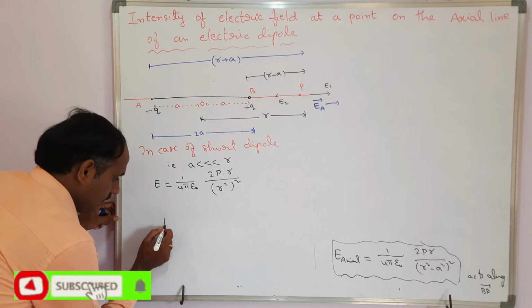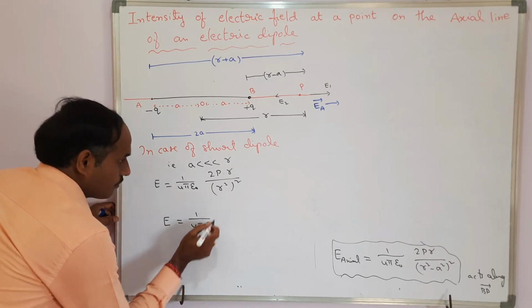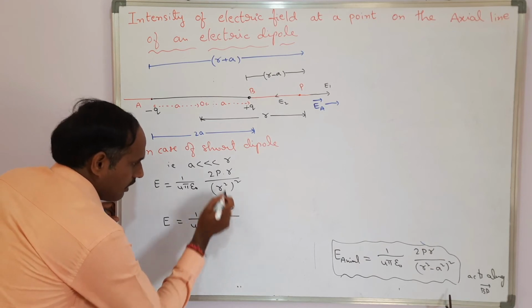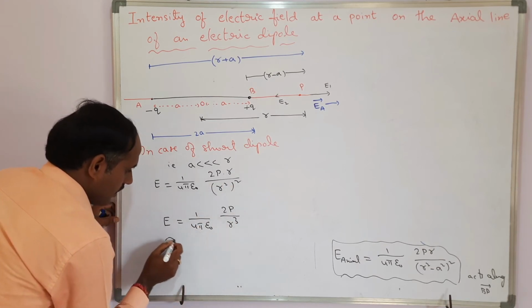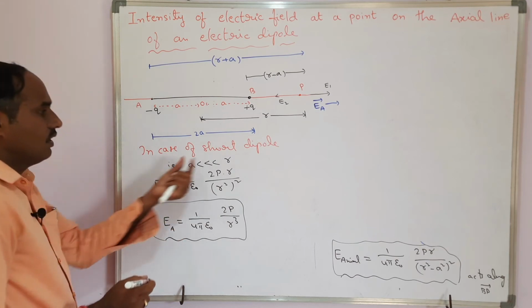So E due to a short dipole is equal to 1 by 4 pi epsilon naught 2p by r cube. This is the expression for E on the axial line in the case of a short dipole.